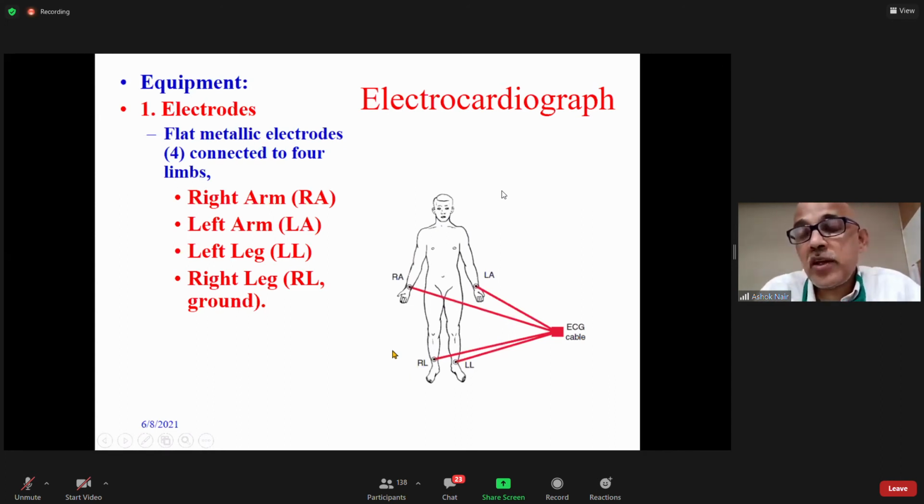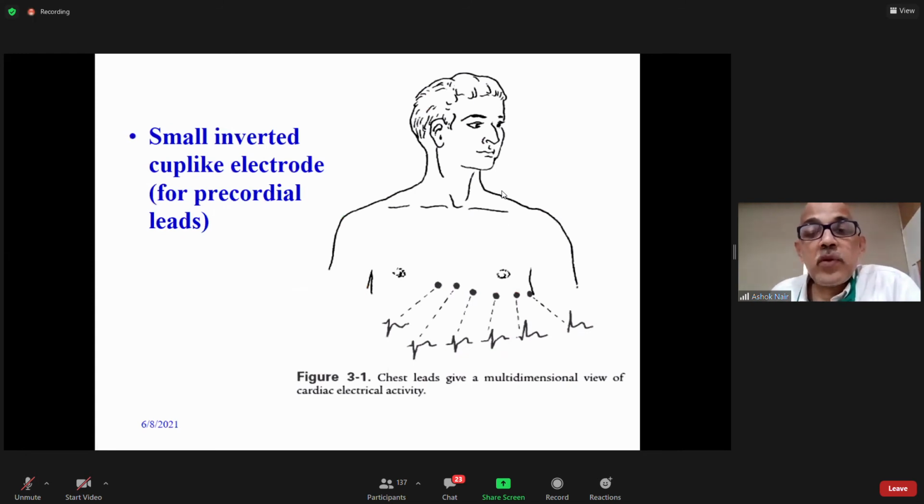You see, in ECG there are 2 different types of electrodes used: flat metallic limb electrodes connected to the limbs, and small inverted cup-like electrodes which are placed on the chest at different locations. They will correspond to the chest leads. There are 6 electrodes placed on the chest.